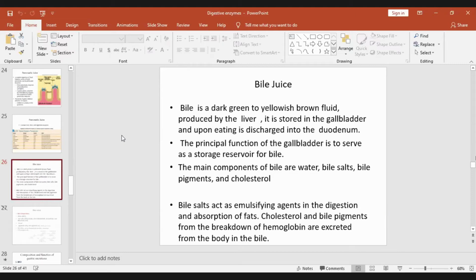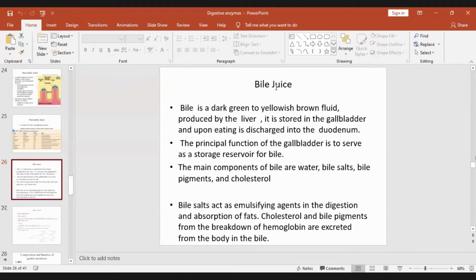After that, bile juice. Bile juice also helps in the digestion and absorption of food materials. It is a dark yellowish brown fluid produced by the liver, stored in the gallbladder, and discharged into the duodenum. You will learn bile juice in detail, but you have to know certain fundamental things.